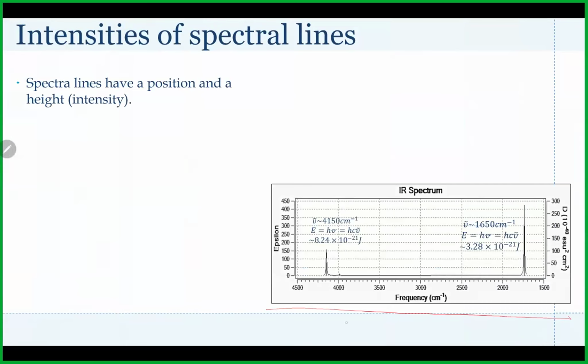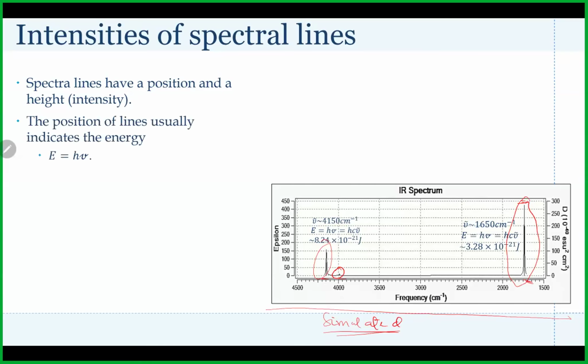This is computer generated, simulated, but it is similar to what was observed experimentally. There are three lines here. There's this line, there's this very tiny one here, and then there's this line there. So we say that spectral lines have what we call a position and the height. The position is related to the energy.